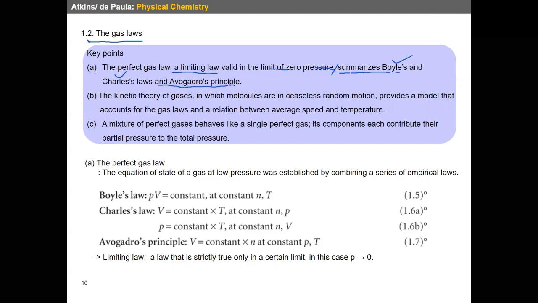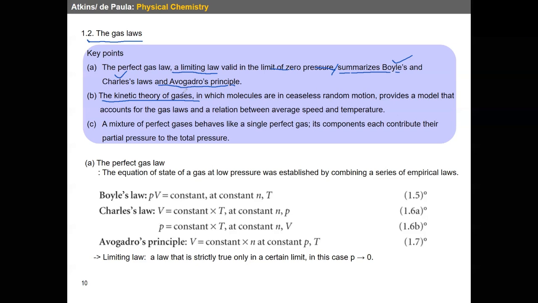And also the kinetic theory of gases, in which molecules are in ceaseless random motion. This kinetic theory of gases provides a model that accounts for the gas laws and a relation between the average speed and temperature.